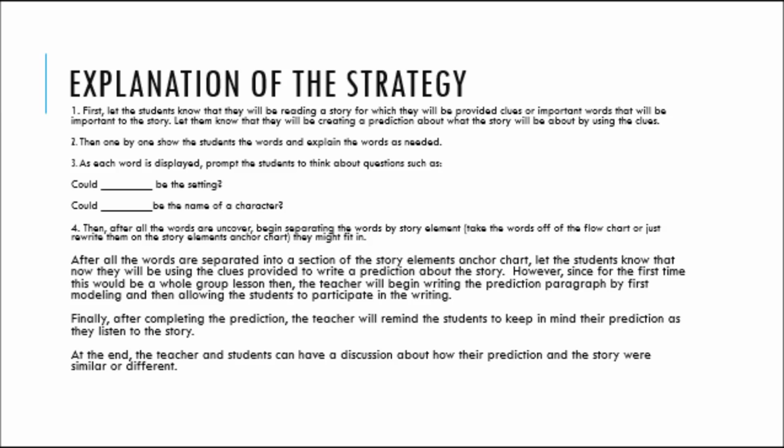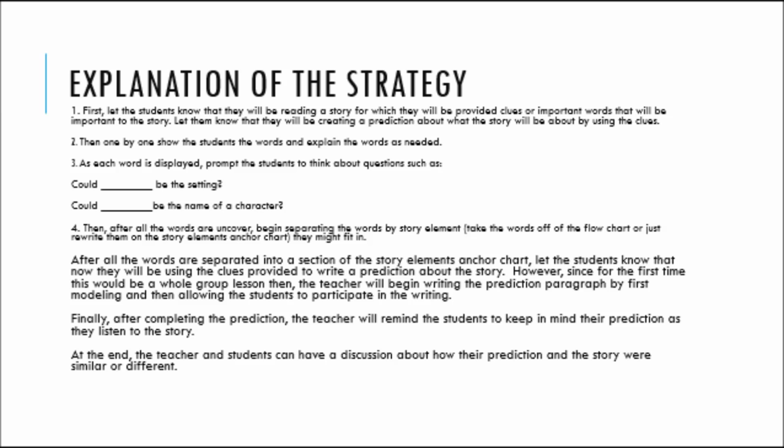After all the words are separated into a section of the story elements anchor chart, let the students know that now they will be using the clues provided to write a prediction about the story. However, since for the first time this will be a whole group lesson, then the teacher will begin writing the prediction paragraph by first modeling and then, if the students are ready, allowing them to participate in the writing.